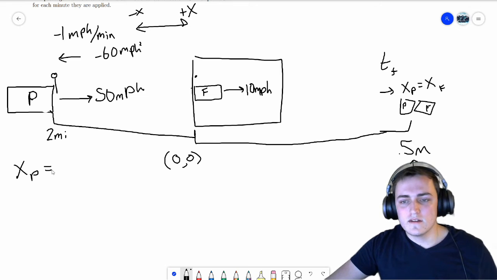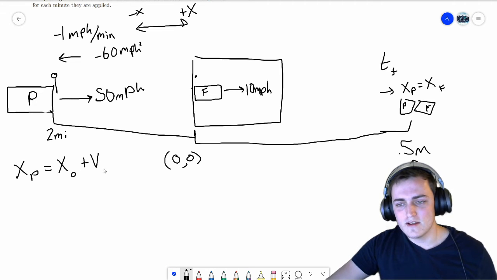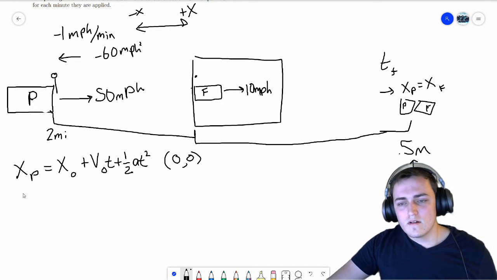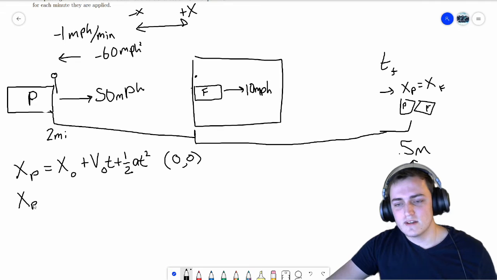And so now that we've related their position, can we find an expression for their position? Again, using one of our kinematic equations, which is position of the object is initial position plus initial velocity times time plus 1/2 at squared. All right, so we know the initial position of the passenger train.